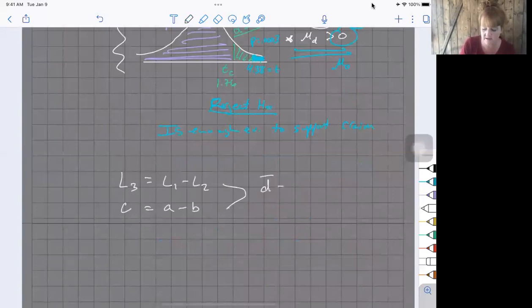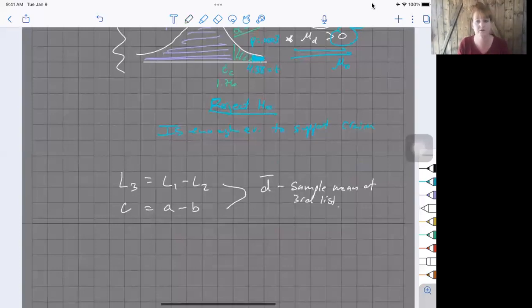What they mean by that is the sample mean of your third list, your subtracted list, your L3 or your C. Your calculator still is just going to call it X bar, but sometimes the book delineates and calls it D, so it knows that, hey, I'm talking about the list that's the difference of the two, not the original two lists.